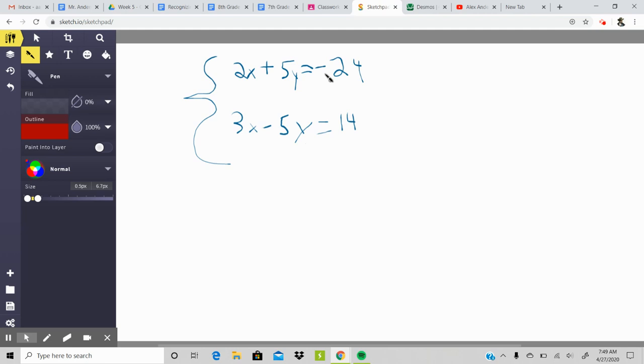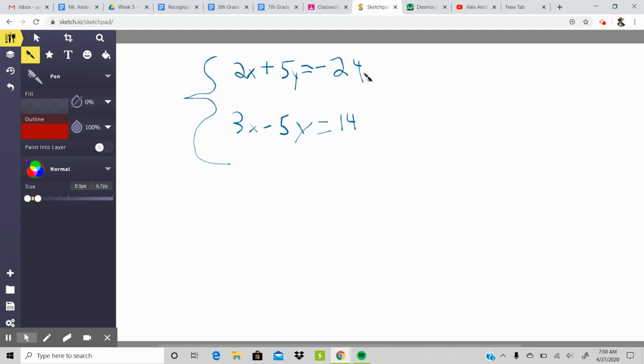I'll remind you that when we are working with equations, we always want to keep them balanced. We're always allowed to add or subtract or multiply or divide something to one side of an equation, but what you do to one side of an equation, you have to also do to the other.